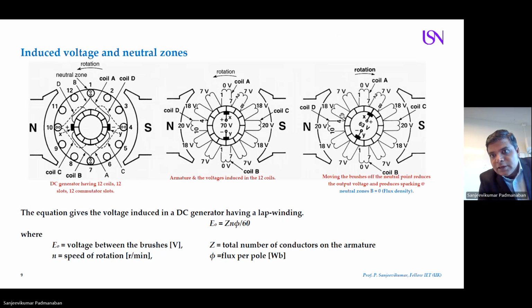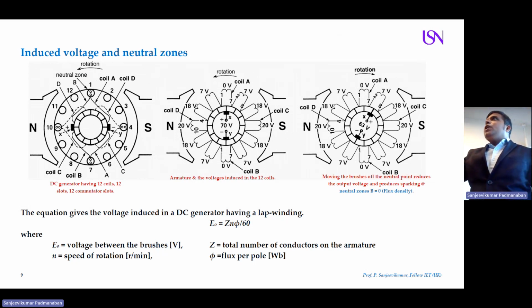Why? The voltage across each of the 12 coils also changes and the drop increases. You lost the voltage by 7. So the brush location plays a critical role when it moves around 360 degrees, because of the drop through your conductor plus the voltage created by the individual coil.